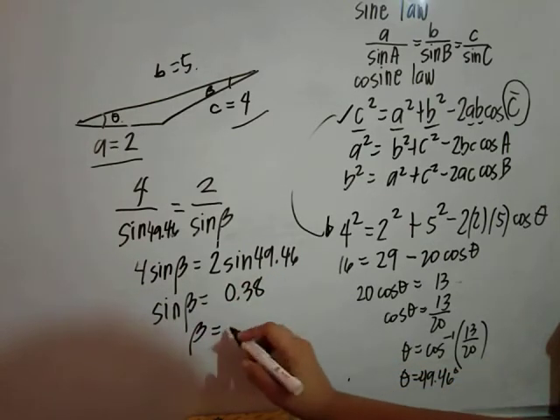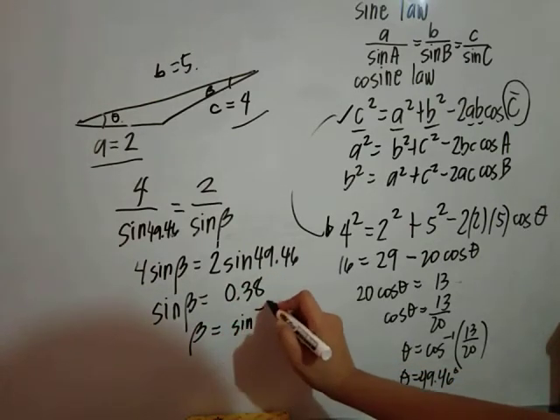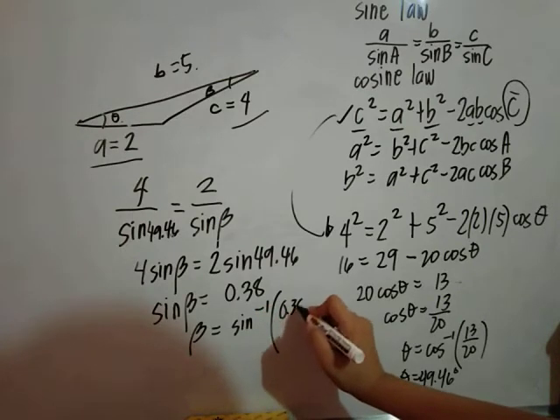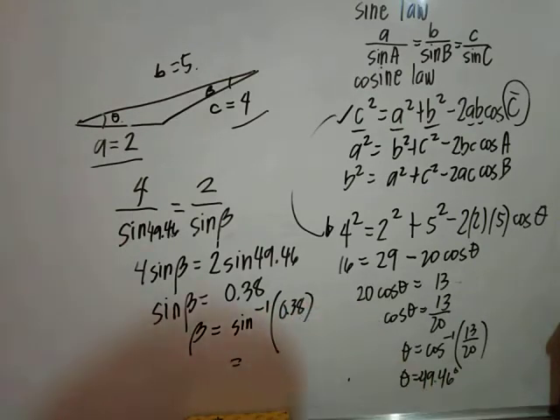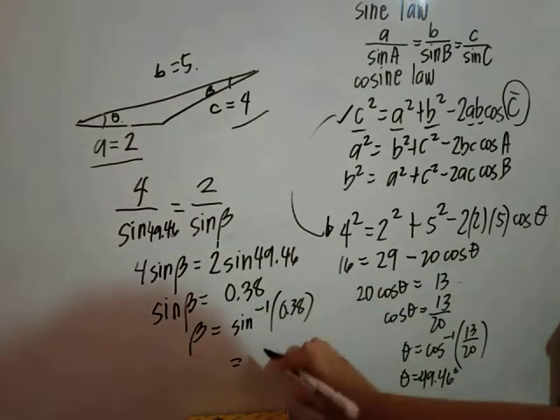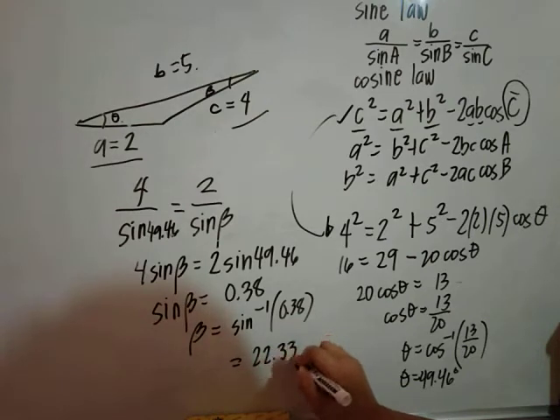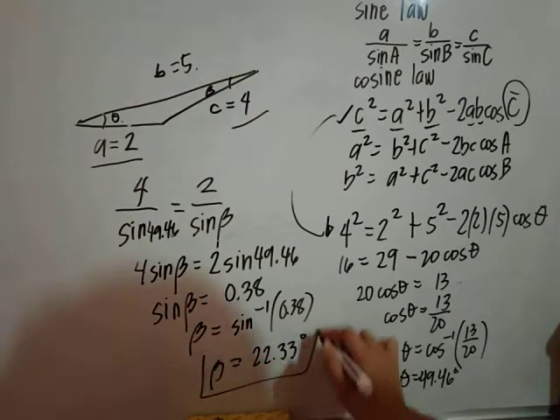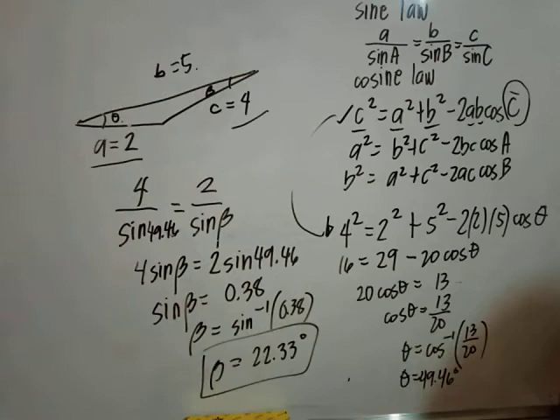So, to get beta, we have arc sine 0.38. Therefore, we have 22.33 degrees. So, ito na yung value ng beta natin.